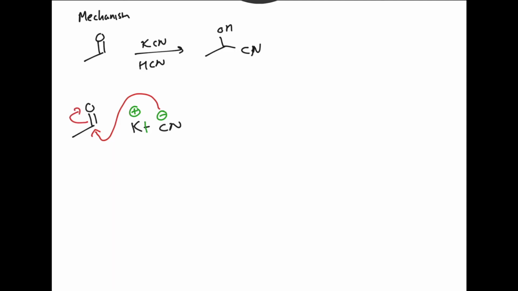I'm going to push electrons up onto my oxygen, right? Because I can't make more than 4 bonds to carbon. So to add that nucleophile, I need to push my electrons up onto the oxygen. So we're going to have our O minus hanging out by our potassium to kind of balance it out, make that salt. That's not what we want.